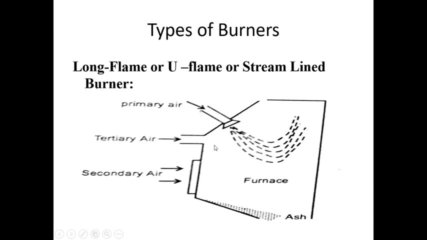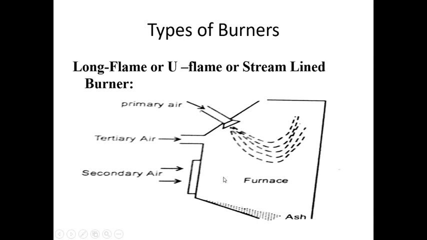Because of this, it will create turbulence and make this shape. You see here, the turbulent air is coming from here and the secondary air is forced towards this, so it will create a shape in the form of U. Because of this, the name is U flame or long flame, and there will be complete combustion.